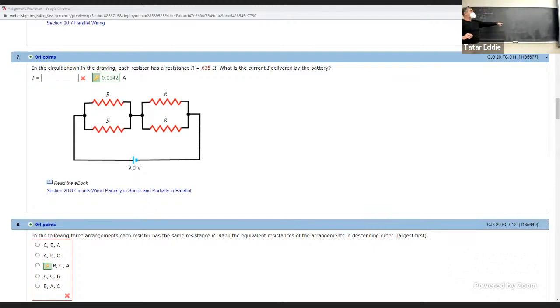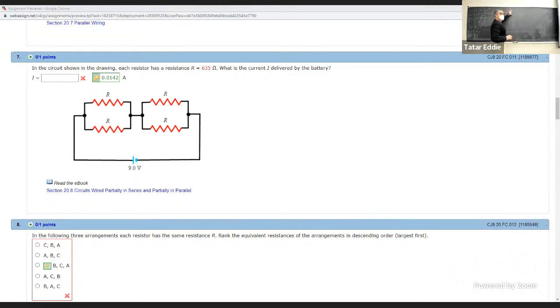Now, the two resistors that you see are connected how? In series. So their equivalent resistance is the sum of those two. So this is the equivalent circuit.